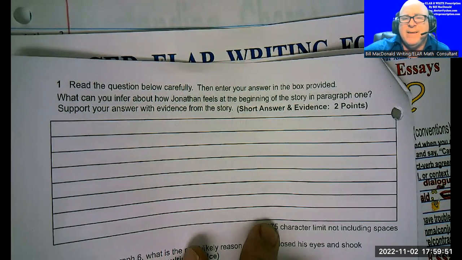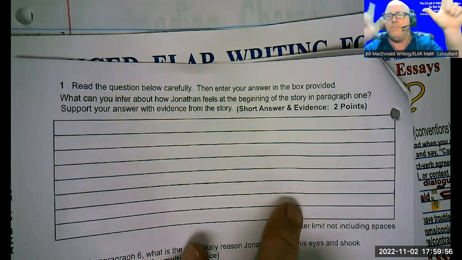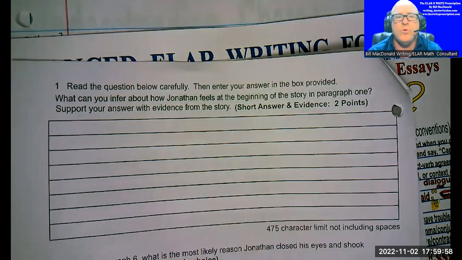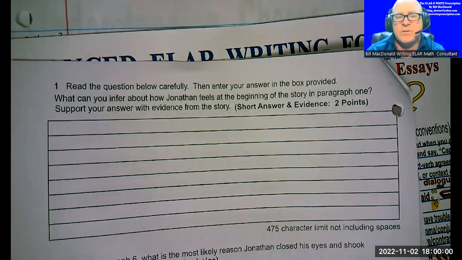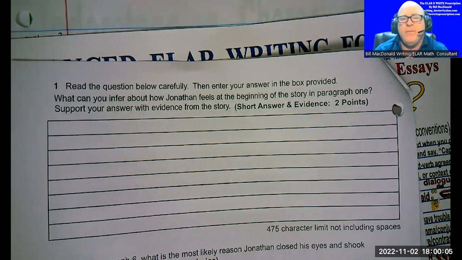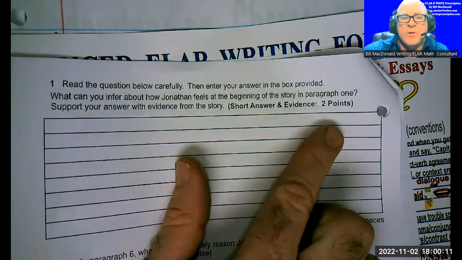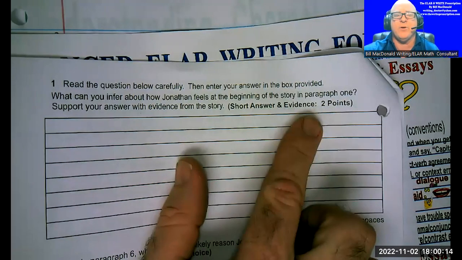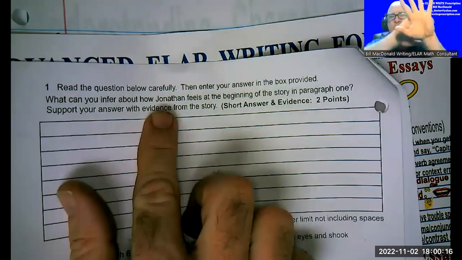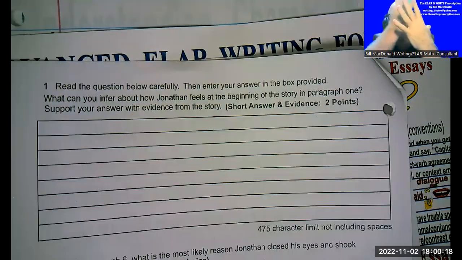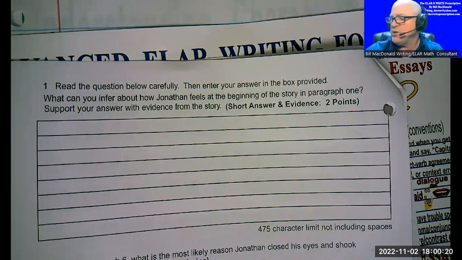As long as you have at least a couple of examples, 2 or 3 of evidence that support your answer, then that's going to be enough to get the 2 points that are mentioned here in the parentheses. So it says, what can you infer, read between the lines, about how Jonathan feels?